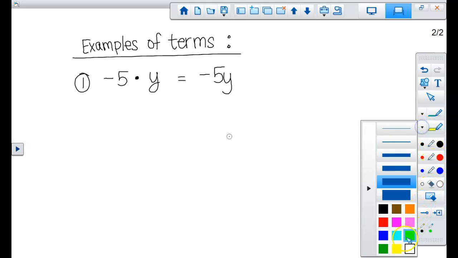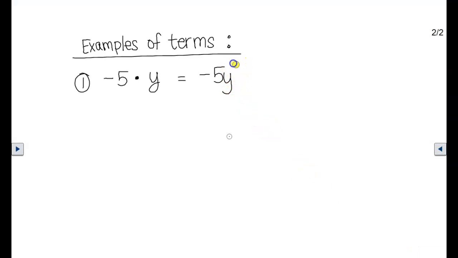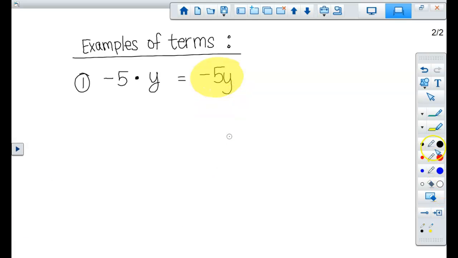This way of writing this term, writing it as -5y, would be preferred. So instead of seeing -5 times y with the dot, I want you to just write -5y. -5y is a term because it is a number part, -5, times a variable part, y. -5 times y, number part times variable part.